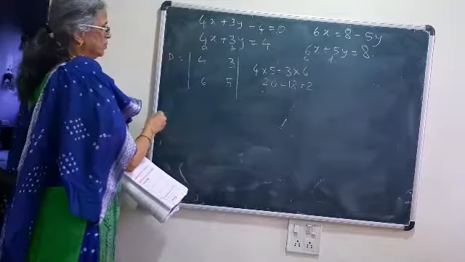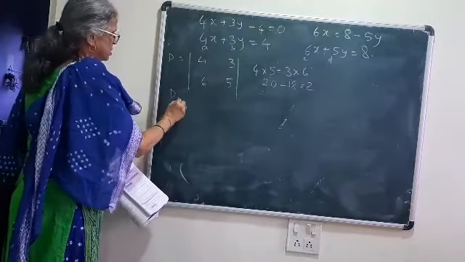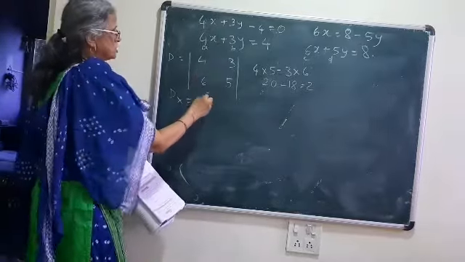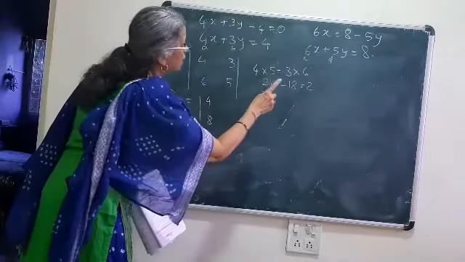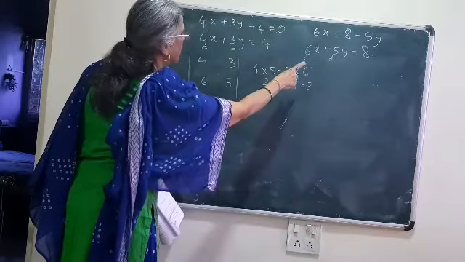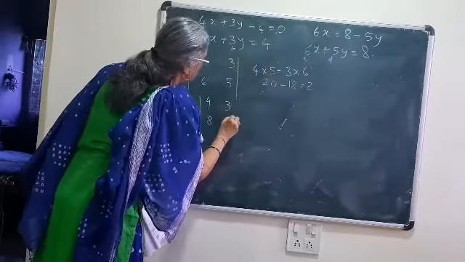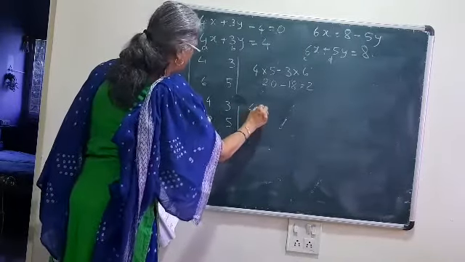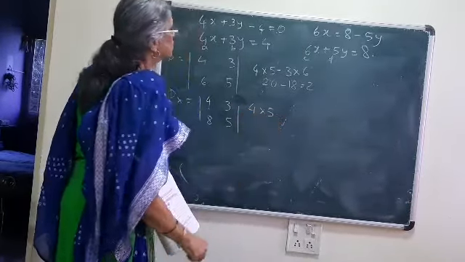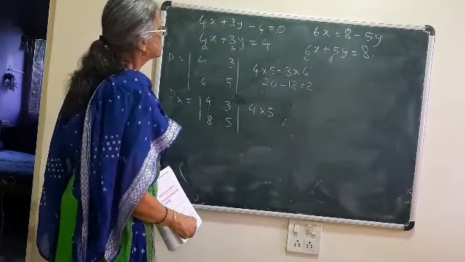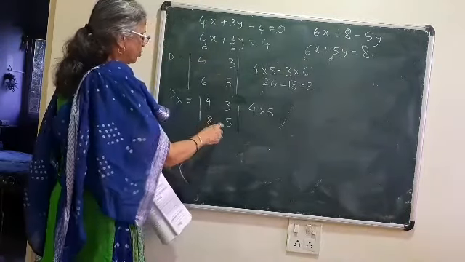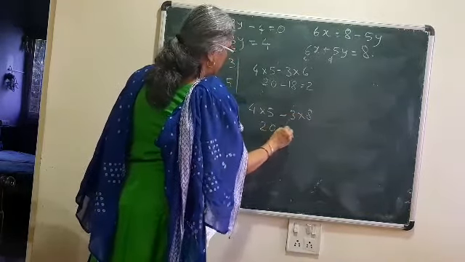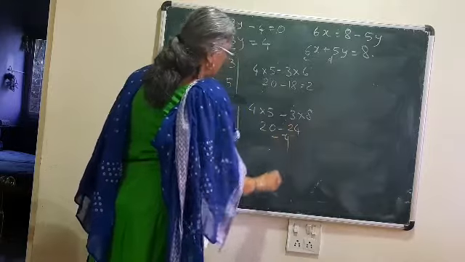That is D. Then Dx is equal to, here we write the constant terms first, that is 4, 8, and then we write the coefficients of y, that is 3 and 5. So 4 into 5 minus 3 into 8. So 20 minus 24, so it will be minus 4.